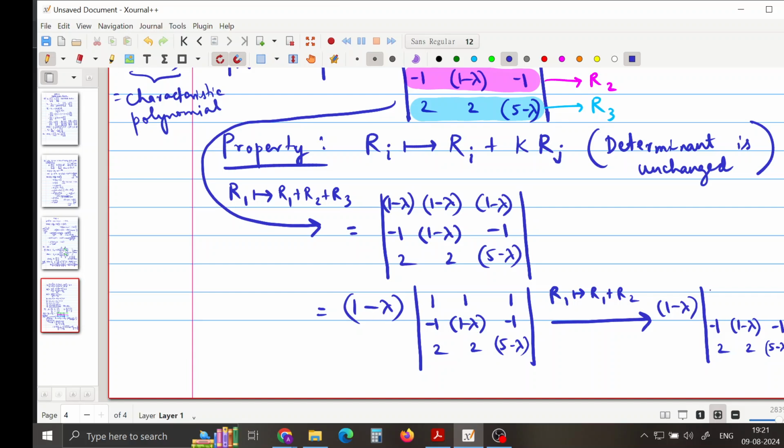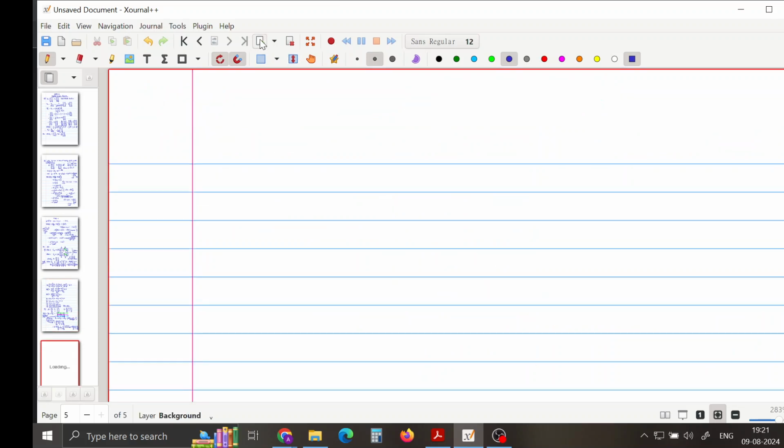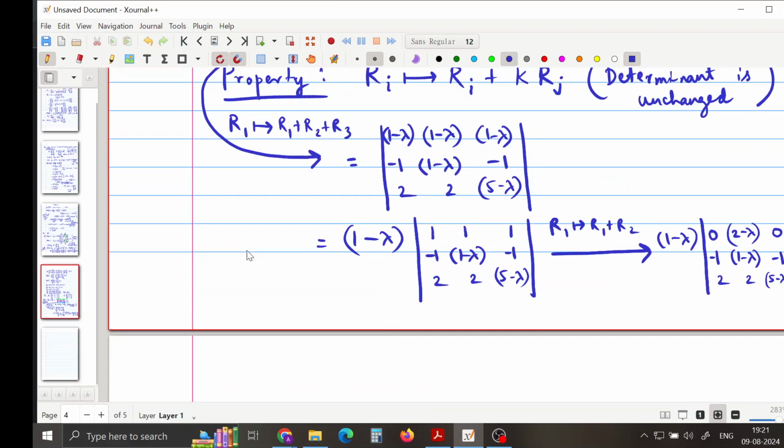What about the first row now, if I add the first and second rows and store it in the first row? 0, 0, this is 2 minus lambda, and again I get another 0. So you see, you have simplified. You obtain two zeros.